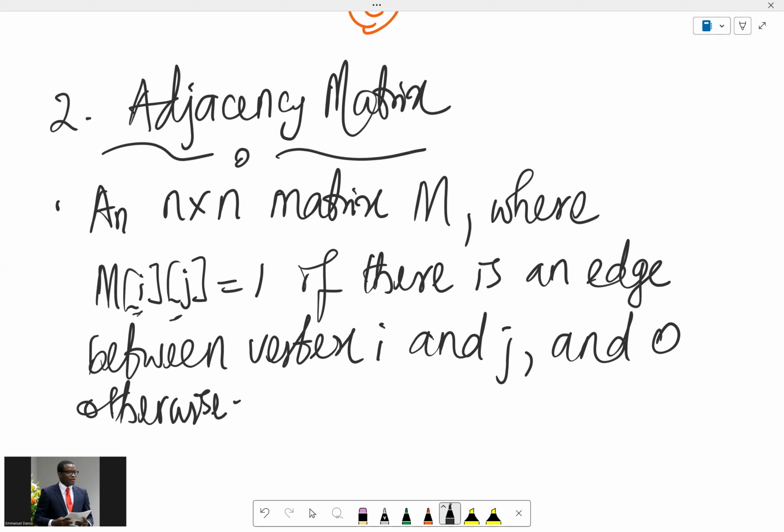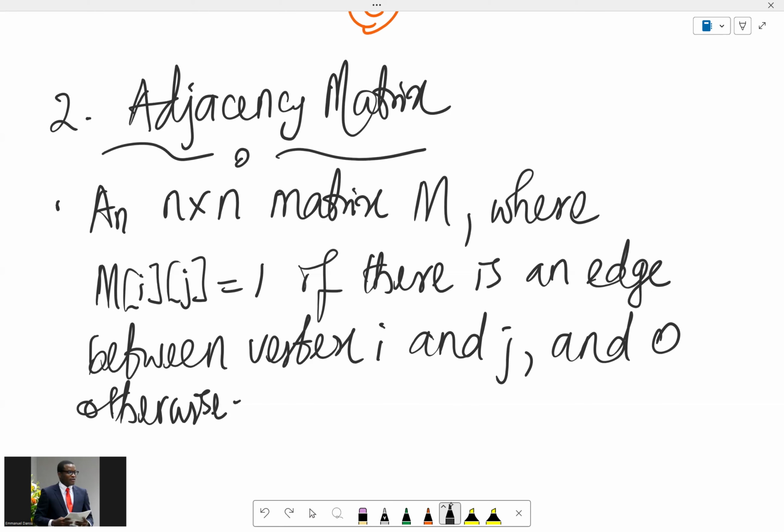Definitely not 1 1, 2 2, 3 3, 4 4 if it's a 4 by 4 matrix, but 1 2, 1 3, 1 4, 2 1, 2 3, 2 4, or 3 1, 3 2, 3 4. You keep skipping all the IIs or the JJs. All the IJs are 1 if there is an edge between vertex I and J.